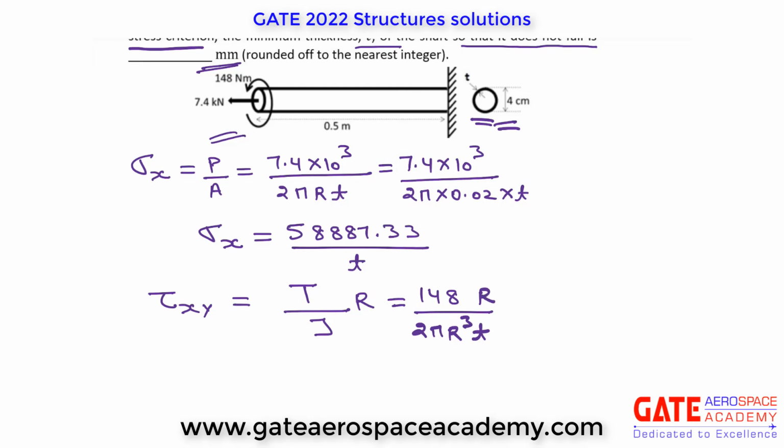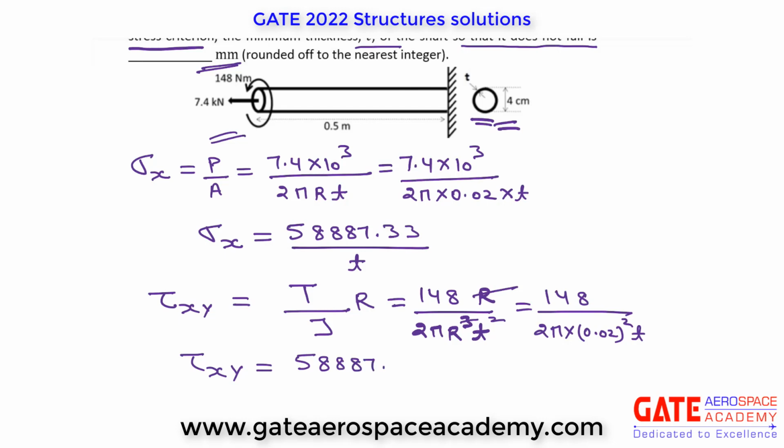So we are not proving here that how polar moment of inertia of the thin ring is 2 pi r cube T. So 148 upon 2 pi into 0.02 square into T. So tau xy is equal to 58887.33 upon T. Means both sigma x and tau xy, both are same, right?